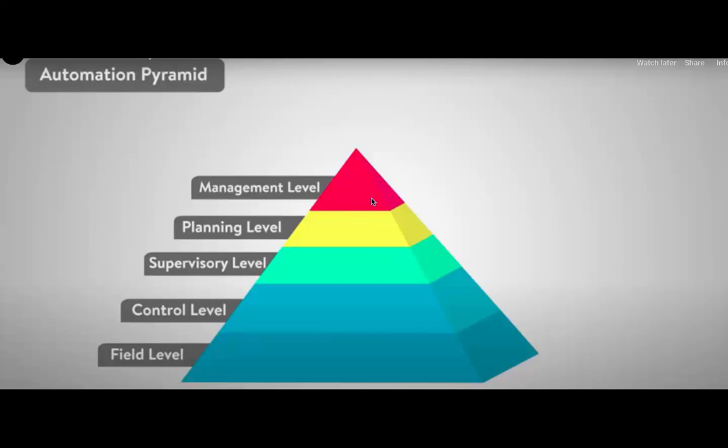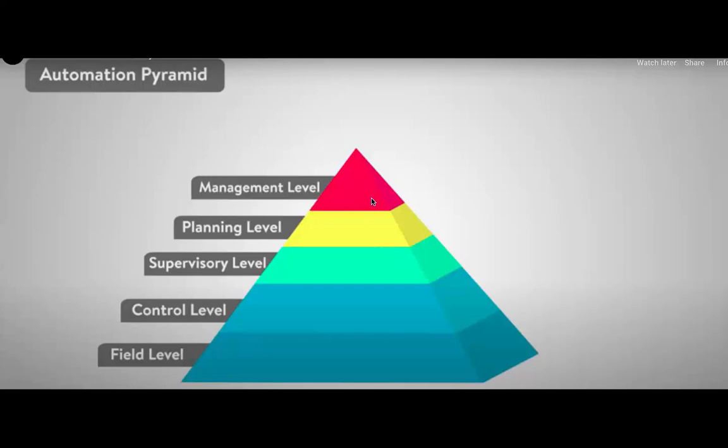Whatever the automation is, it starts from raw material to the end point. The whole process is divided imaginarily. We are not stuck to this diagram only. But roughly, this process is divided into 5 types of levels.